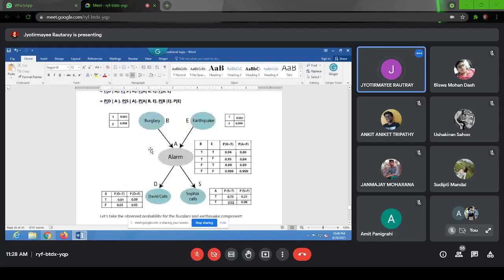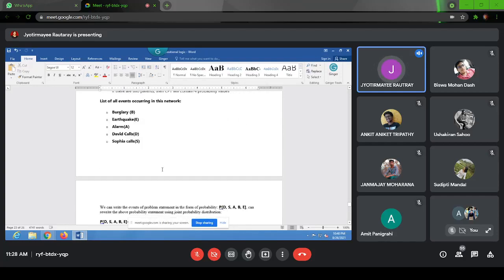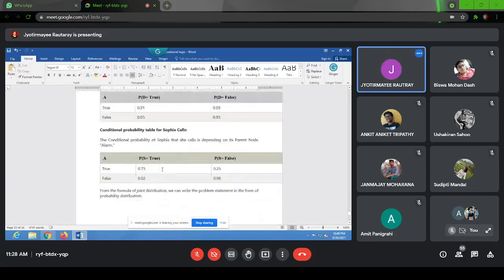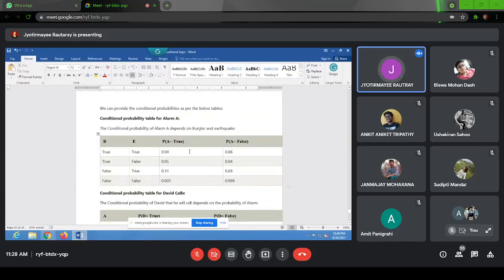Because in your question it is mentioned that neither a burglary nor an earthquake occurred. That's why we have mentioned negation of B comma negation of E.